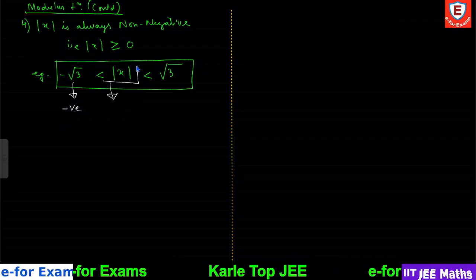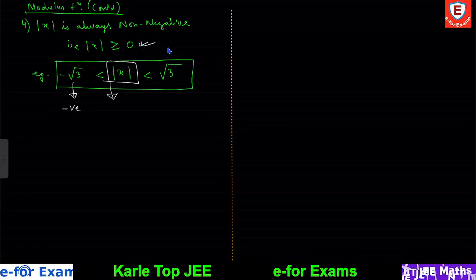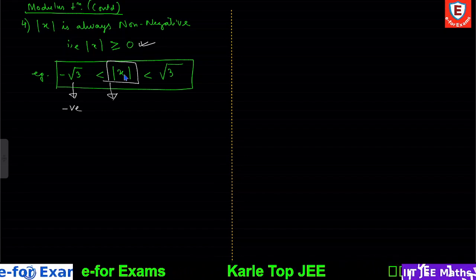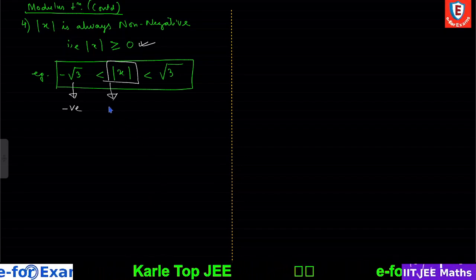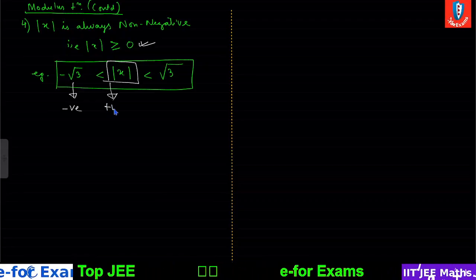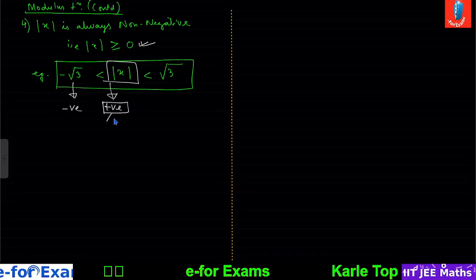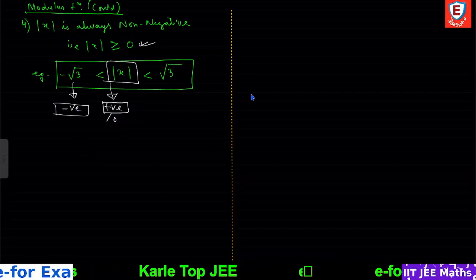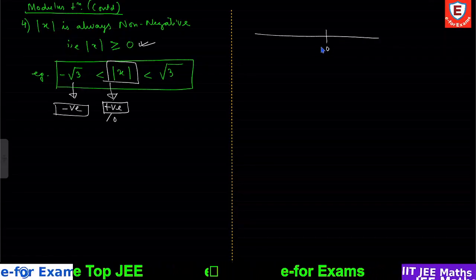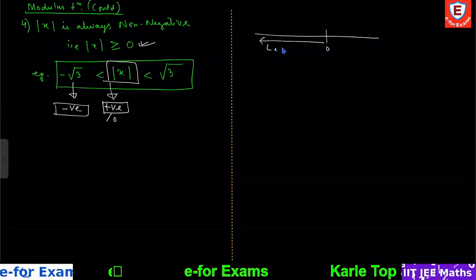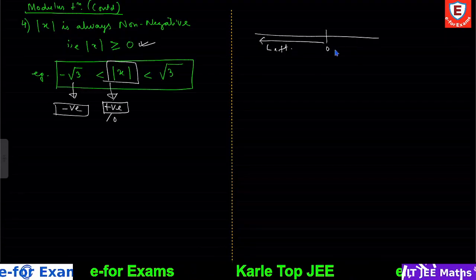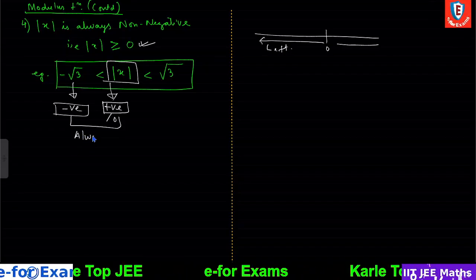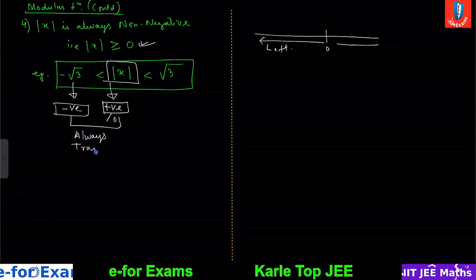And mod x, the final output, as I said, will always be greater than 0, or it will be 0 only when x is equal to 0, right? So here it is, let us assume positive or 0. When x is equal to 0, it will be 0, not negative. So on a number line, 0 is here. Negative numbers are towards the left of 0, right? So 0 or positive numbers are always greater than a negative number. This is always true, right? This statement is always true.